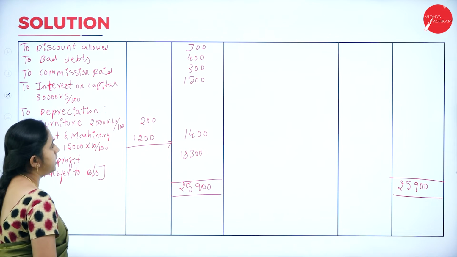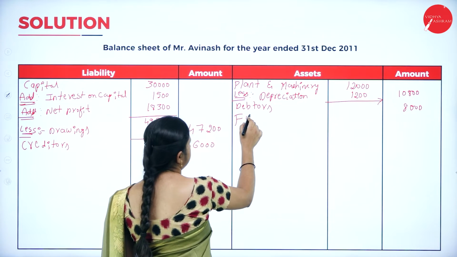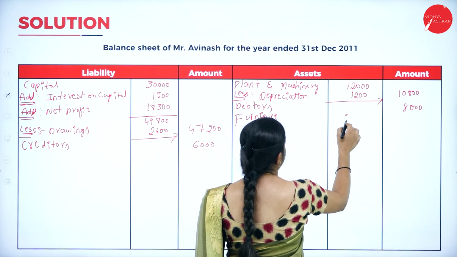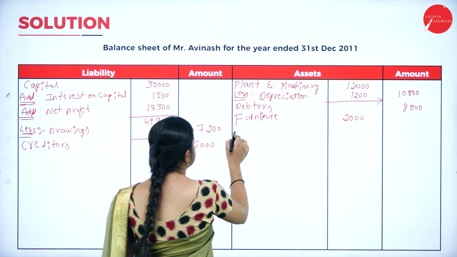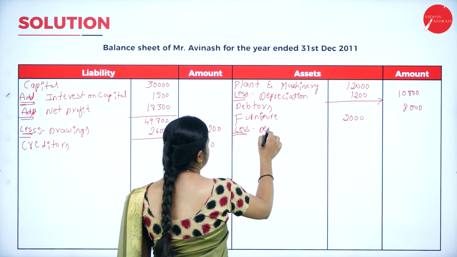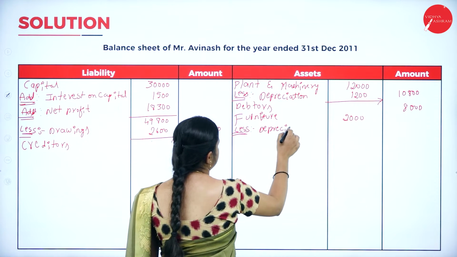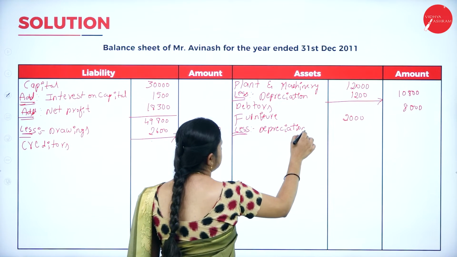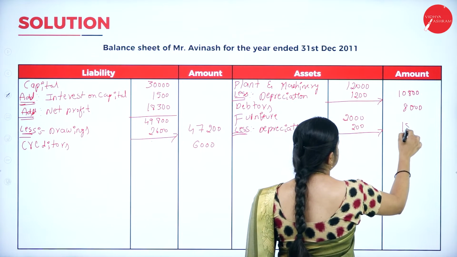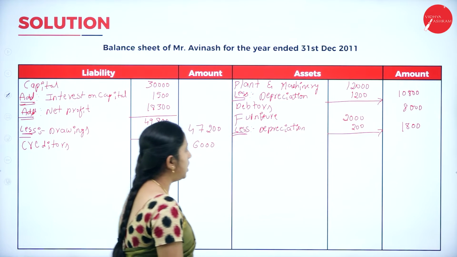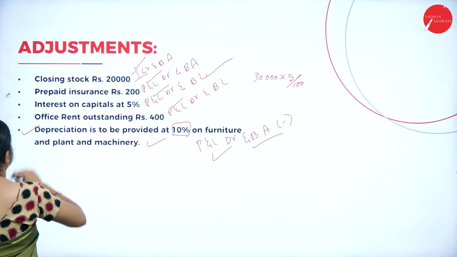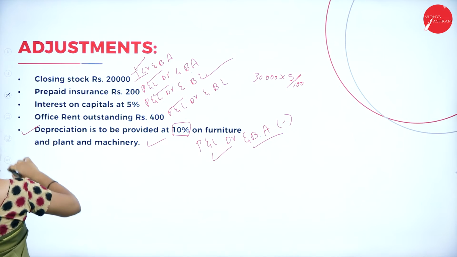Depreciation on furniture is 200. Right, furniture 2,000 less depreciation 200, 1,800 in the outer column. So we consider depreciation. Depreciation is over. Then interest on capital.